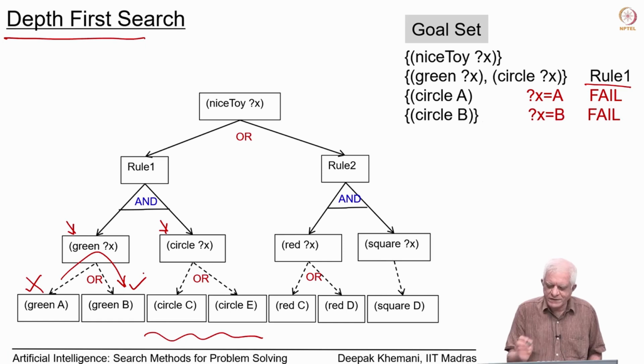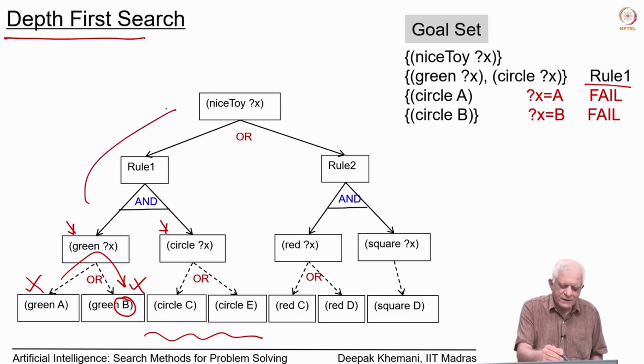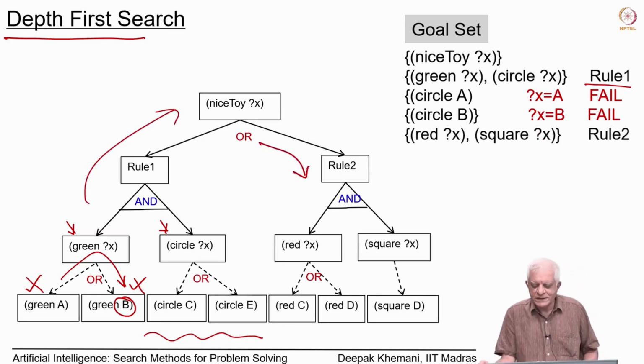Now, go and check whether that object which is B, as you can see from here, is B a circle, and then again this fails, B is not a circle, and then we find that there are no more green objects in our knowledge base. So, our program now backtracks all the way to this and starts searching on the second rule essentially.